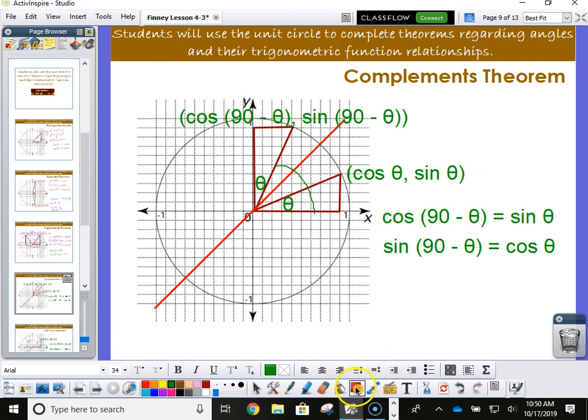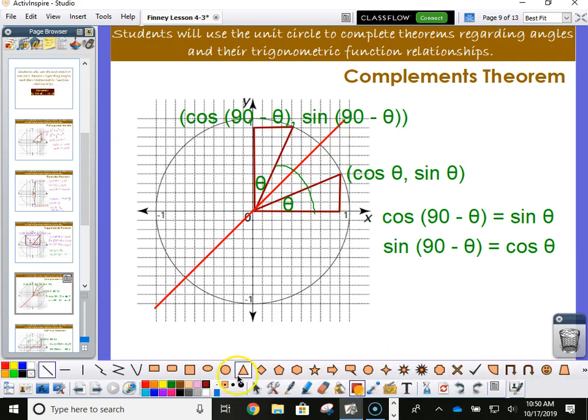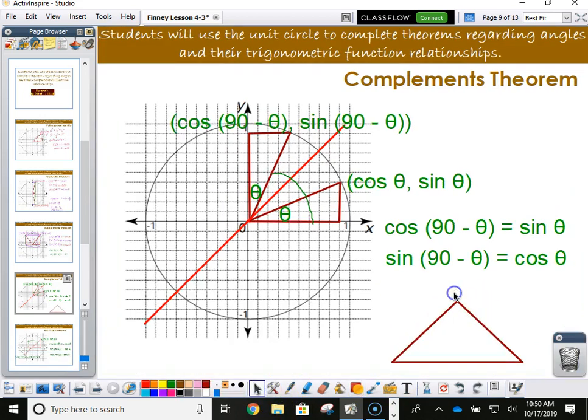Think about it. If you have a right triangle, any right triangle, so here's my right triangle. I'm going to edit my points to make it a right triangle. So this is A, this is B, this is C. And if this is my angle, say this is theta, and say this is, I don't know, beta.